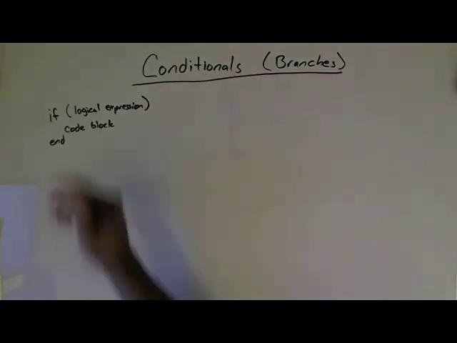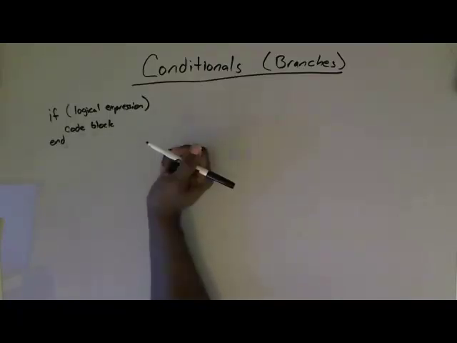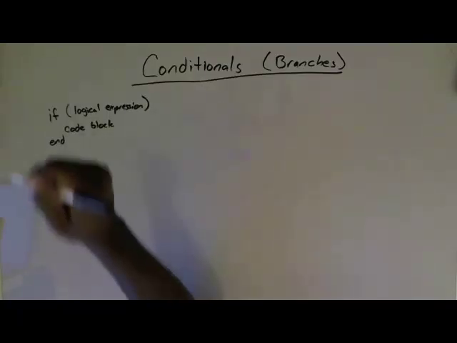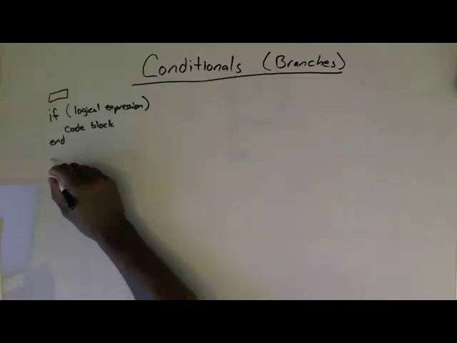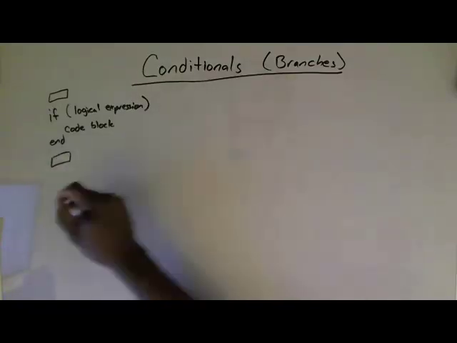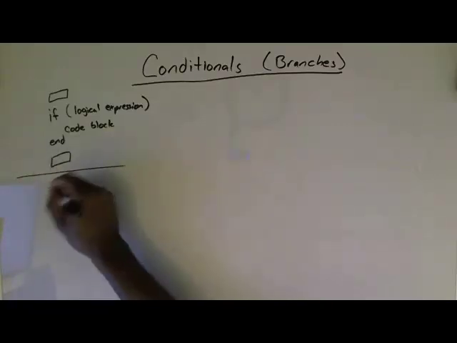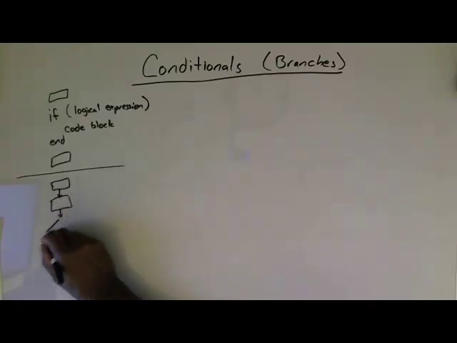From a flowchart standpoint, it looks like this. Let's say I had some statements up here and some blocks of code down here. The way this looks is I've executed these statements here, and then I hit this if statement.